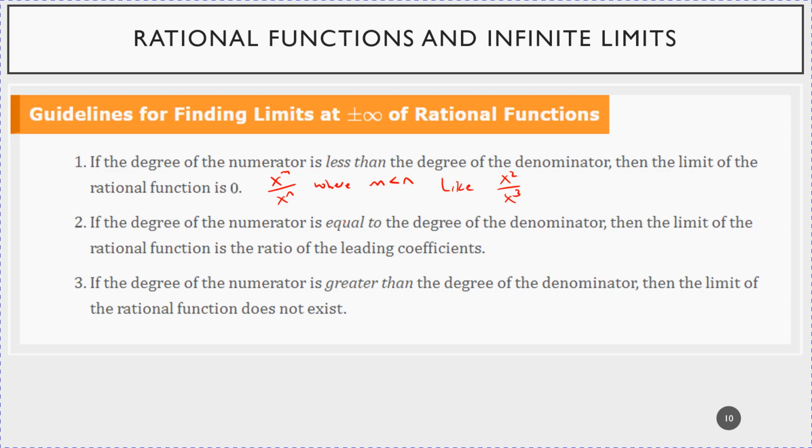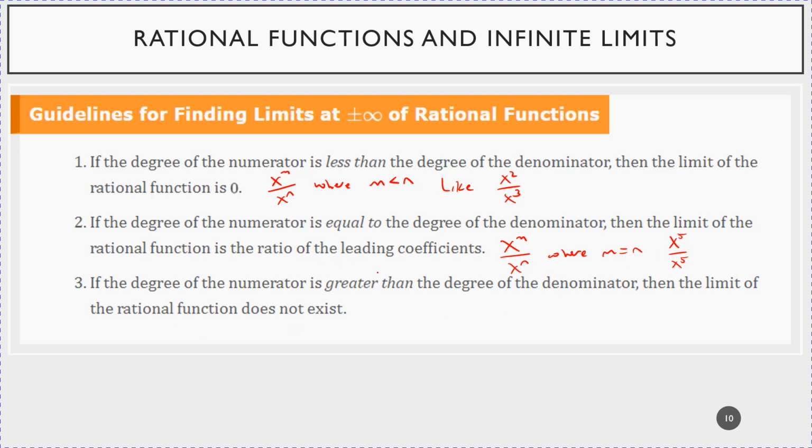If the degree of the numerator is equal to the degree of the denominator, then the limit of the rational function is the ratio of the leading coefficients. So it'll be something like x to the m divided by x to the n, where m is equal to n. So like x to the 5th divided by x to the 5th. The degrees are the same.